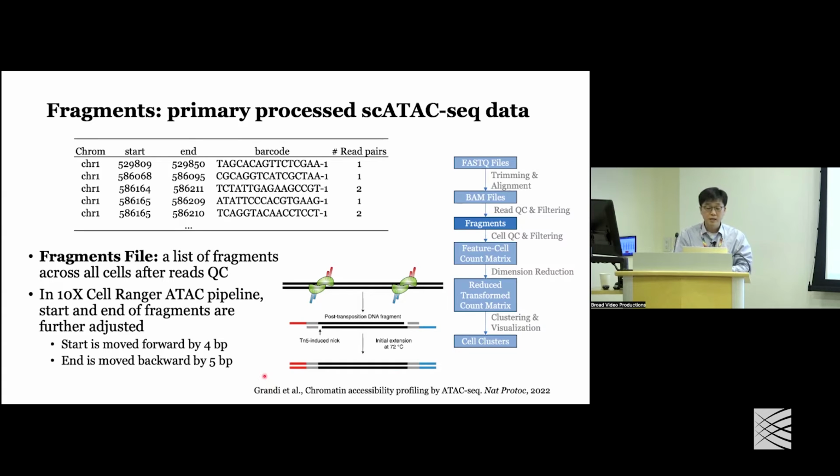What is typically done is that the start position of the fragment, on the left side, is shifted toward the inside of the fragment by 4 base pairs, and then the end position is shifted toward the left side by 5 base pairs. That is already implemented in the 10x Cell Ranger ATAC-Seq pipeline. As a result, the fragment file generated by that pipeline is already adjusted. So that's something you have to remember.